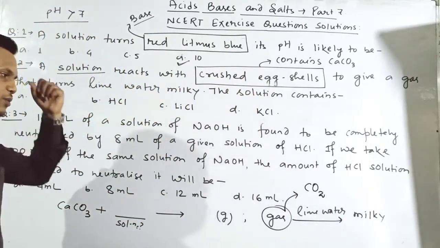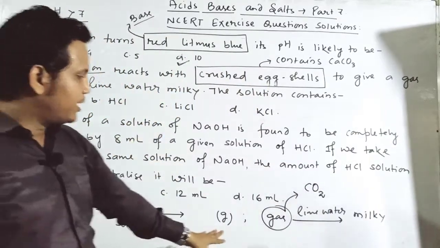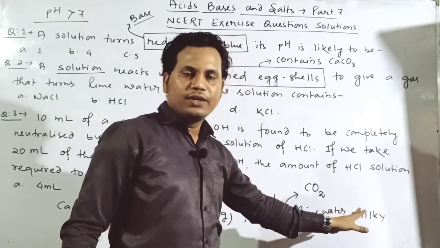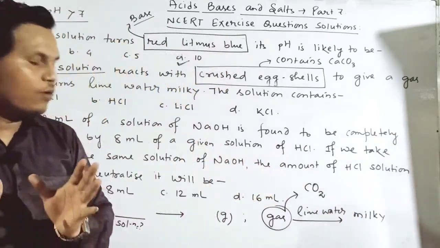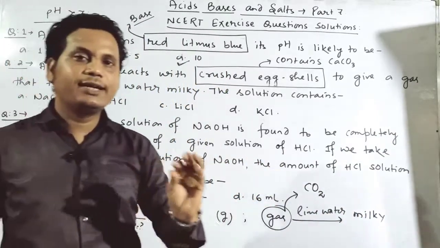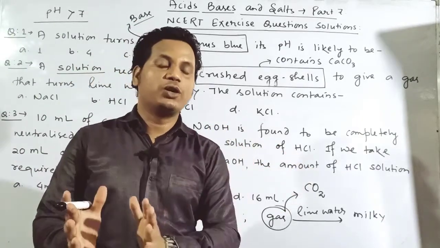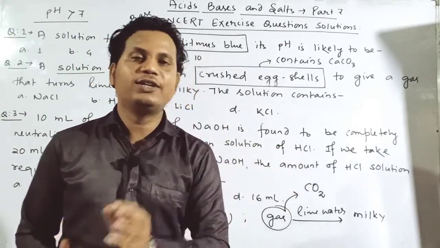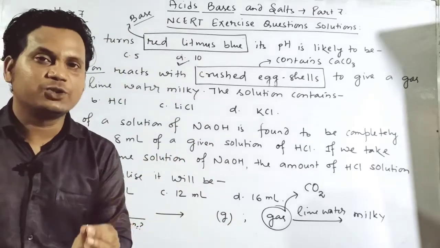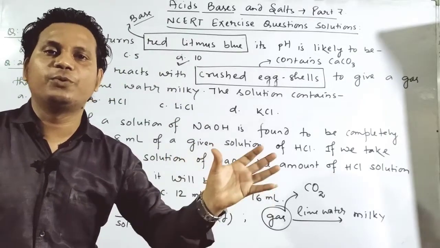In our previous videos we have discussed that when you pass carbon dioxide gas through lime water, the solution will turn milky due to the formation of insoluble calcium carbonate.